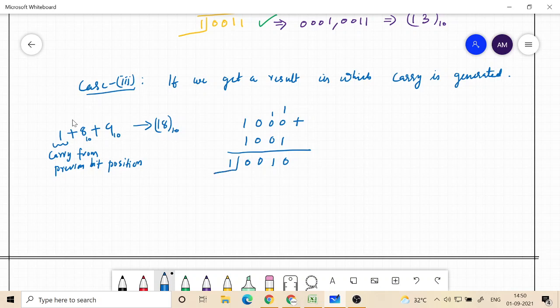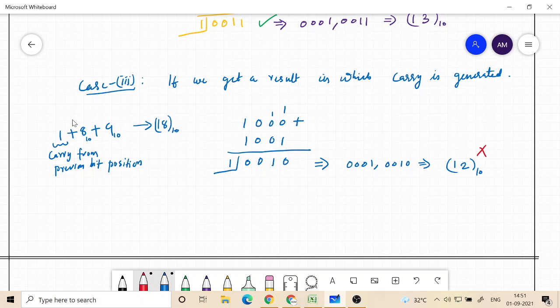Now if I look at the result, what did I get? If I treat this as a BCD result, then what I am getting is basically 0001, and this one is basically 0010, which is basically 12. Is it a correct answer? No, this is a wrong answer. I should get 18. Now you can clearly see what I need to do to correct it. The correction is basically the same procedure: add 6 to it.